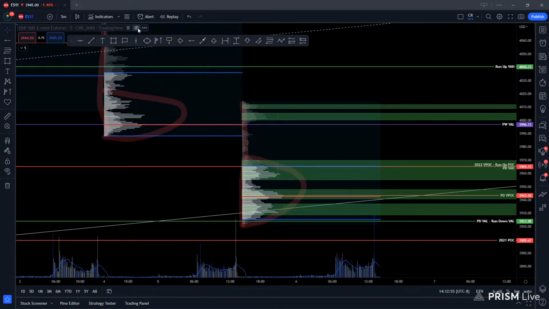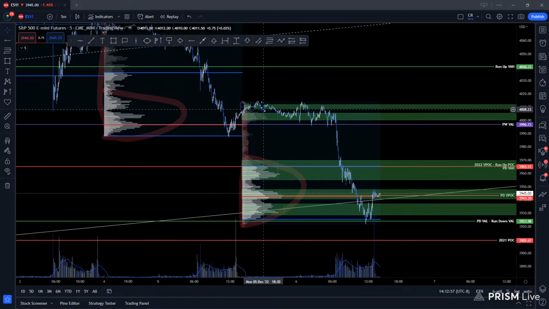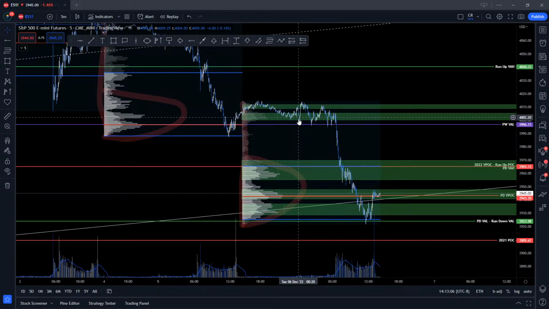And if we turn on our candlesticks, you'll see we were hanging out in here, came down pretty quickly to this next rung, back up, back down pretty quickly, back up pretty quickly, back down pretty quickly, and just consolidated, came back up, back down quickly, consolidated.